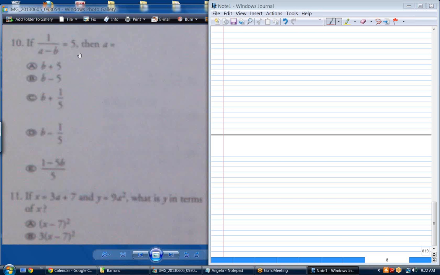Okay, looking at number 10. If 1 over a minus b equals 5, then a equals what? The first step would be to multiply both sides by a minus b, and then divide both sides by 5, and then add b to the other side.